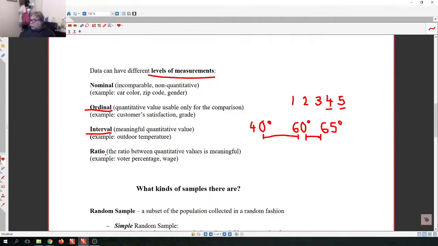We also have the best possible, or the highest, level of measurement, which would be the ratio level of measurement. This is when you can actually make comparisons based on ratios. So for example, wage. If somebody has $100,000 annual income and another person has, let's say, $60,000 annual income, you can divide these two numbers in either way you like.